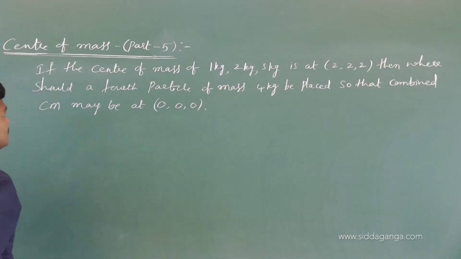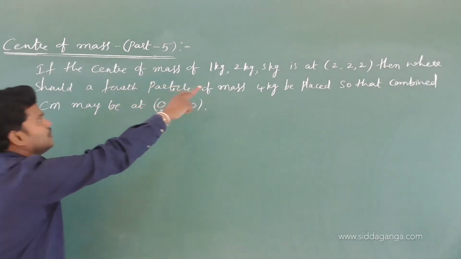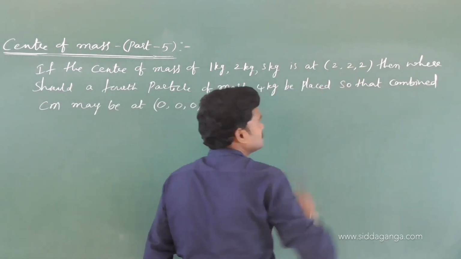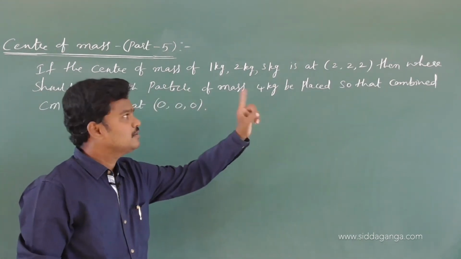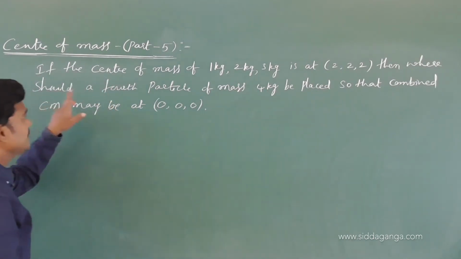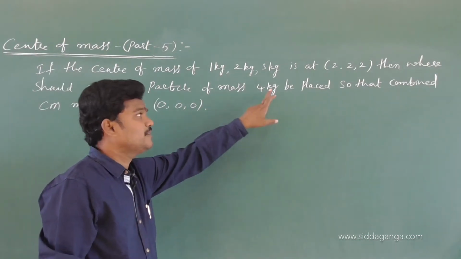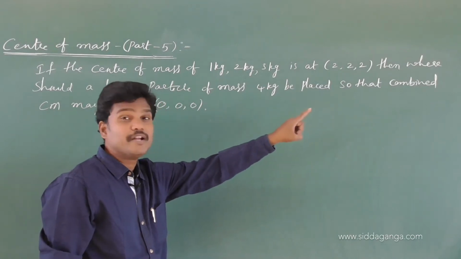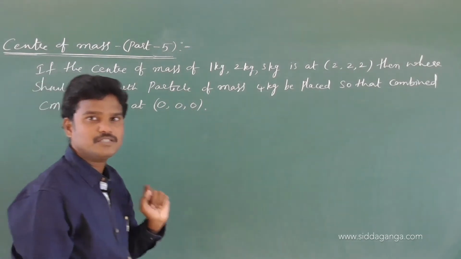See, if the center of mass of 1 kg, 2 kg, 3 kg is at 2, 2, 2. Then where should a fourth particle whose mass is 4 kg be placed so that the combined center of mass may be at the origin, at 0, 0, 0?